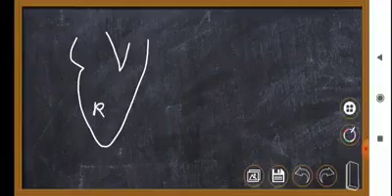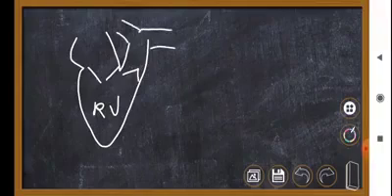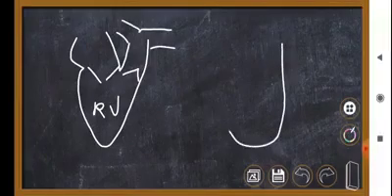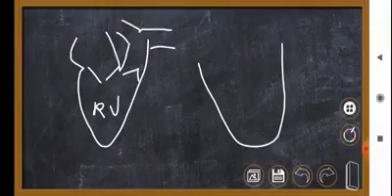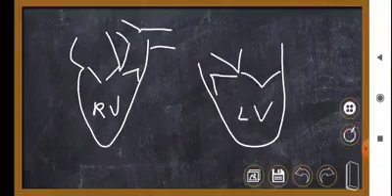Now, if I make a more simple diagram and just separate it for understanding. Suppose this is right ventricle and this is tricuspid valve and this is pulmonic valve. And this is the left side of the heart, and suppose this is mitral valve and this is aortic valve and this is left ventricle.